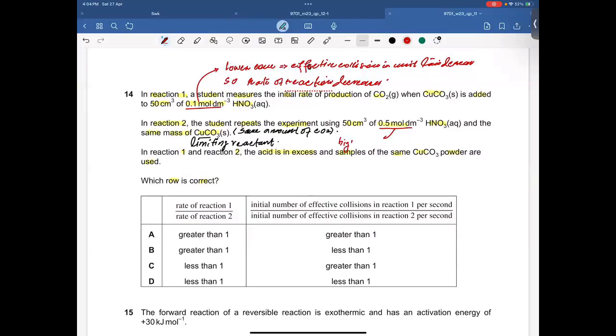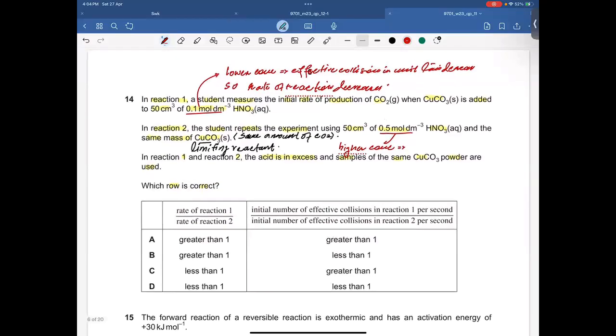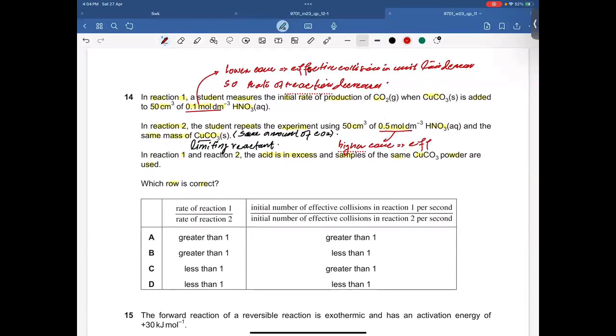So if the concentration is higher, effective collisions in a unit time increase. And so rate of reaction increases.